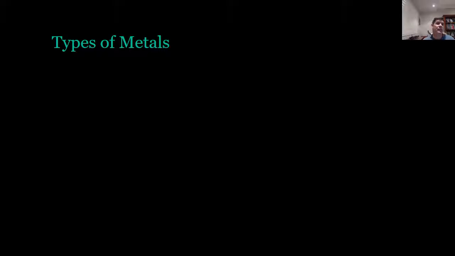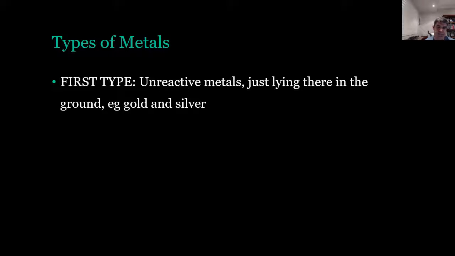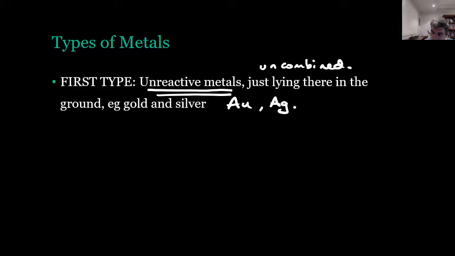As a consequence, we've grouped metals into three distinct categories. The first category are the unreactive metals. These are metals that are found, generally speaking, in their uncombined state. So we find things like gold and silver in an uncombined state because they're very unreactive.